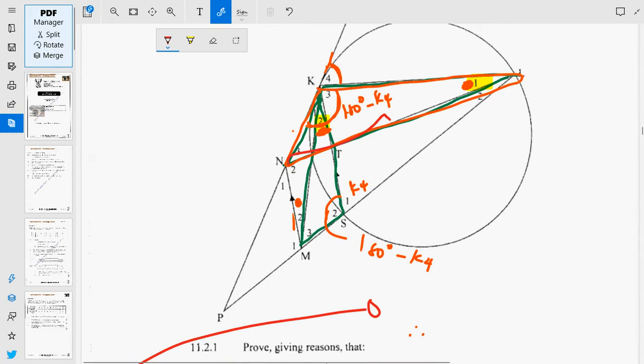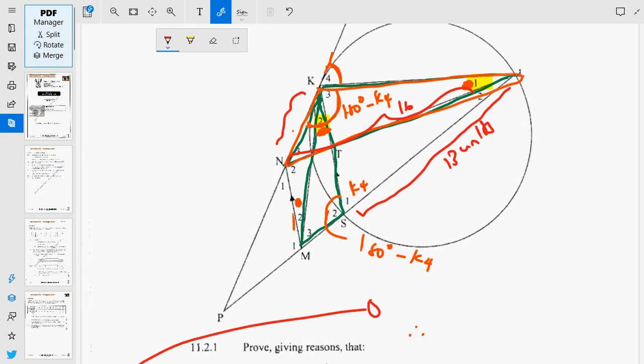And they give you LS. They tell you that LS is 13 units. And they tell you that KN is 8 units. And they want you to determine the length of LT. So LT is this little portion here.